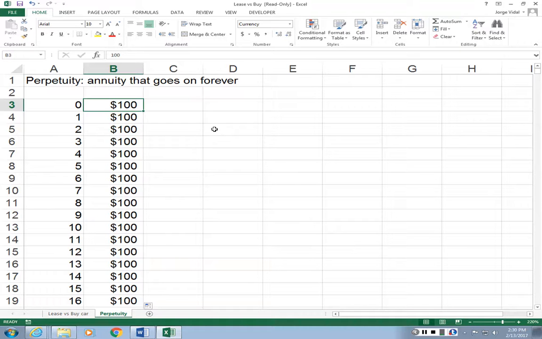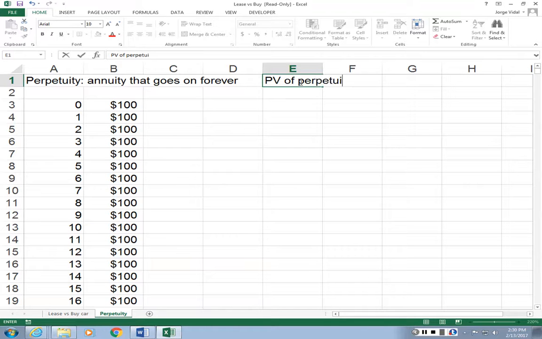We have to find the present value of all of those cash flows. Now, if you recall, there's an equation for perpetuities. The present value of a perpetuity equals the payment over the discount rate. It's a very simple formula.